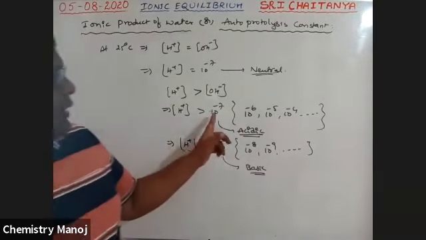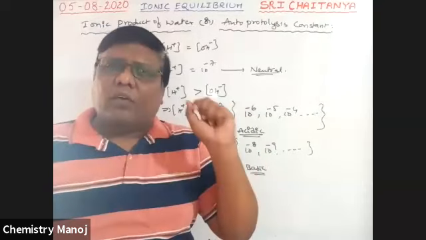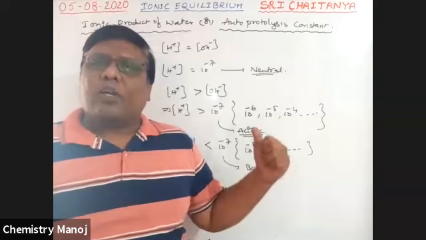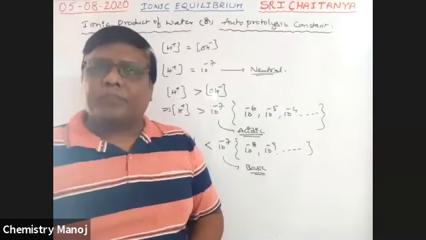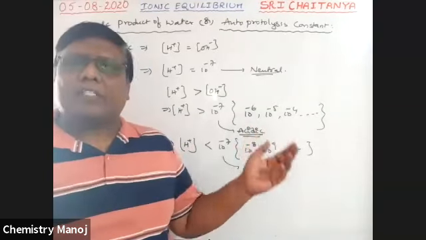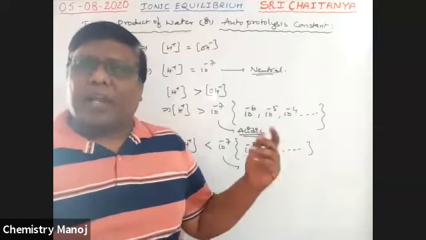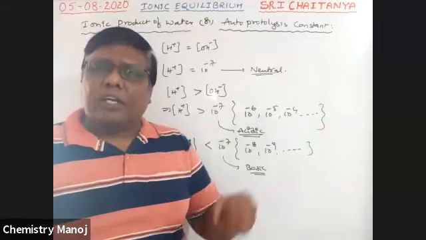My dear boys, here 10 power minus 7, 10 power minus 6, all these values are very, very low values. So these are lower concentrations. It is difficult to express such low concentrations as 10 power minus 7, 10 power minus 8, with that many negative powers.